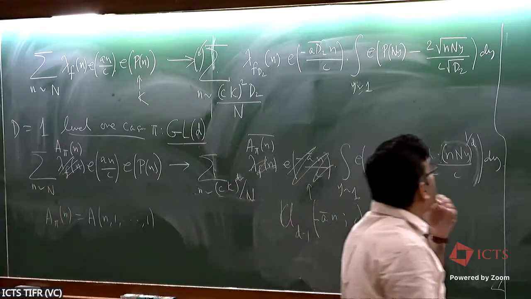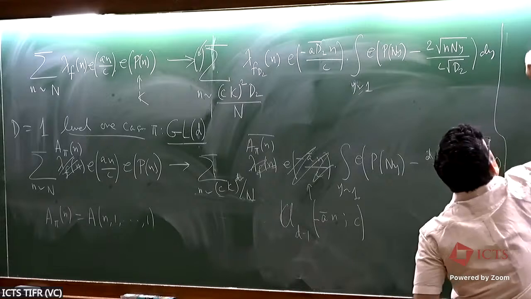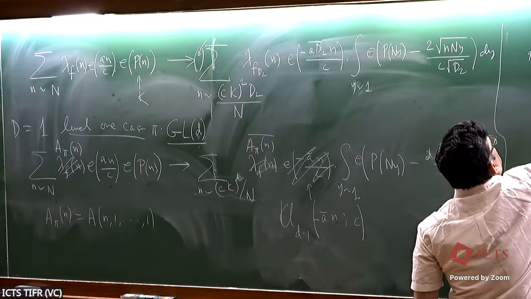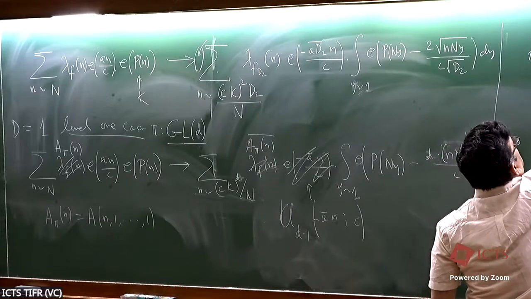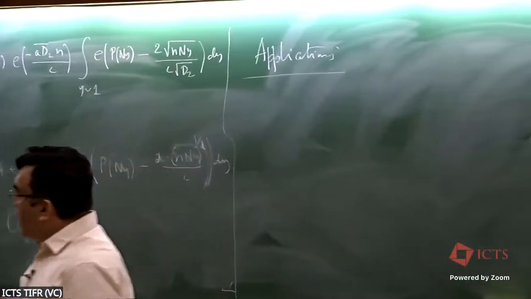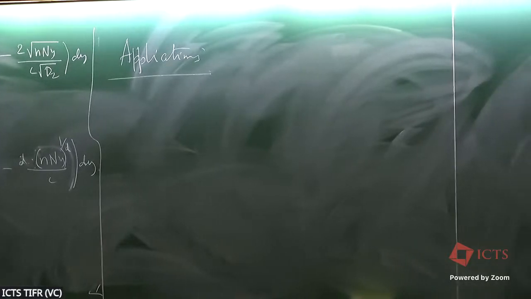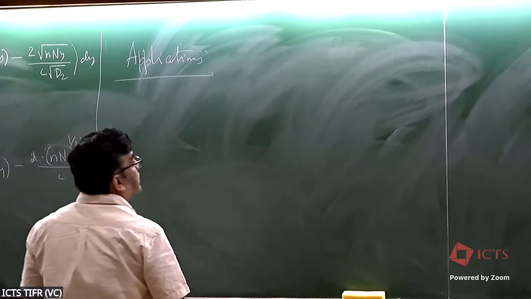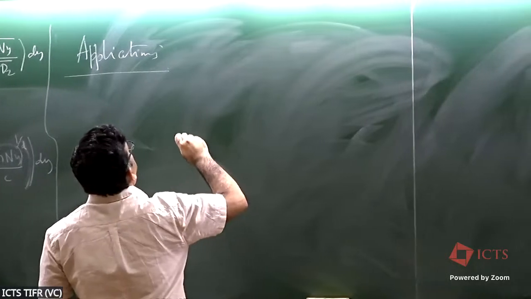So now let's go into applications. I'll start with an application where actually the Kloosterman delta method works. I'll be interested in a GL3 L-function.